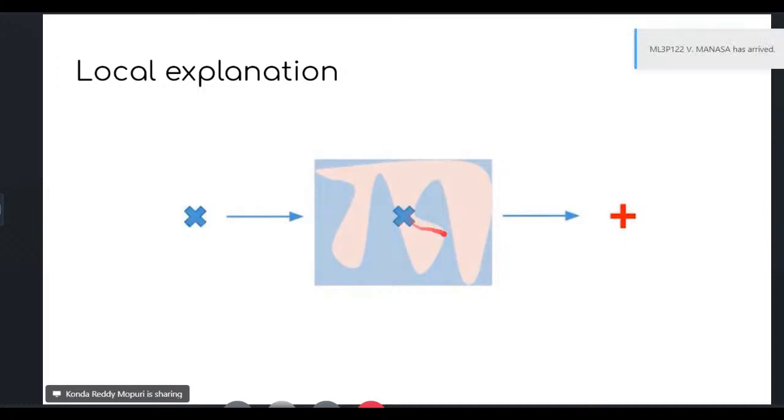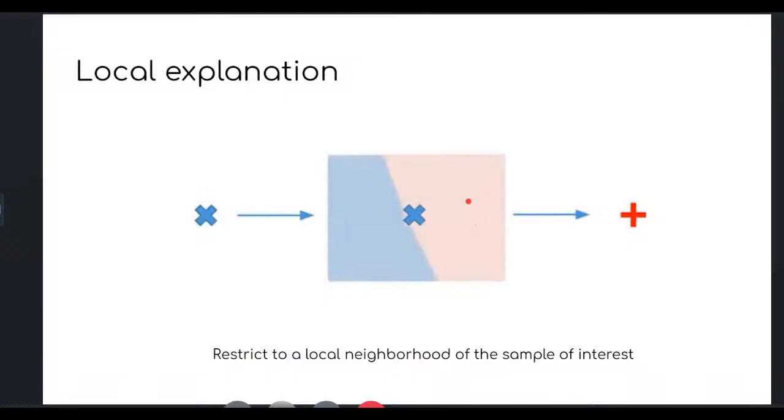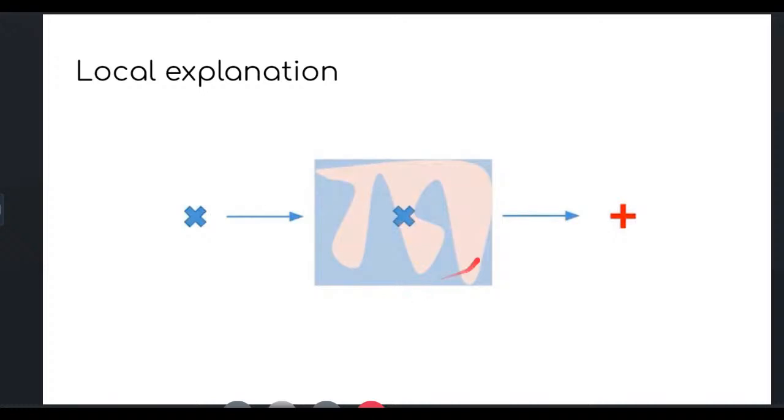It is a very complex classifier. But if you zoom in only within the neighborhood of this particular point, it simply becomes a linear classifier. So in this region, even a smaller, simpler linear classifier will be good enough, right? So that is a local explanation. This explanation will not hold in any other regions. This explanation will hold only within this region. Is it clear, sir?